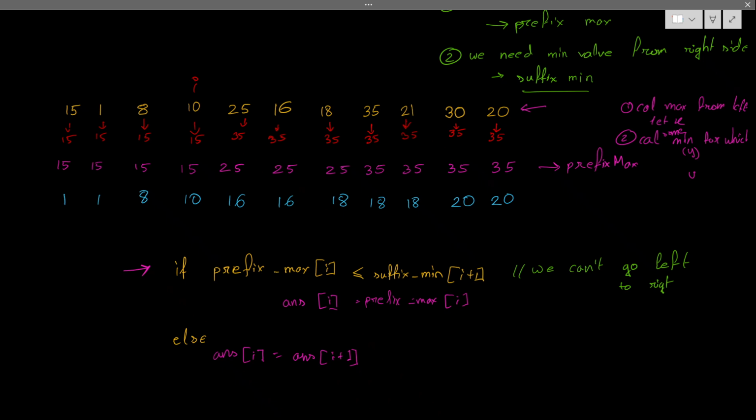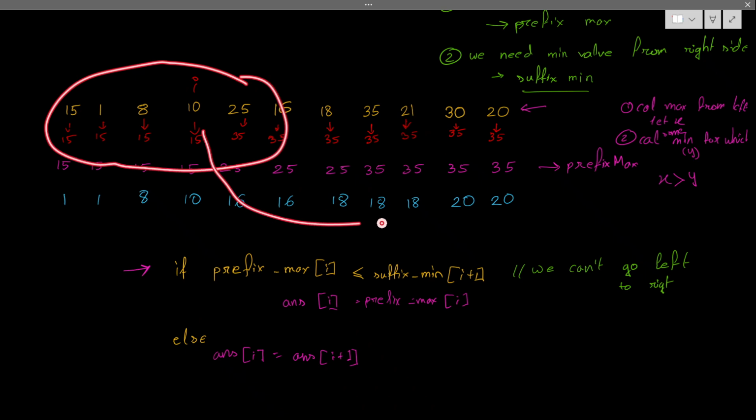This y is less than x, like x is greater than y. That is the case. Then I can go left first, then I can jump to the right and check what the maximum value is.